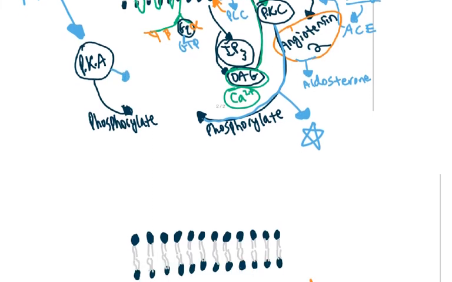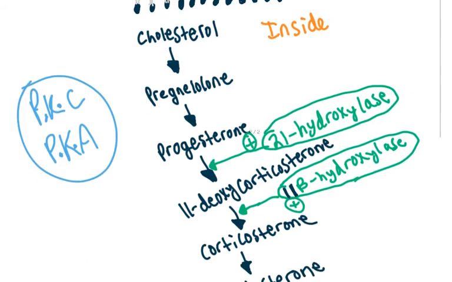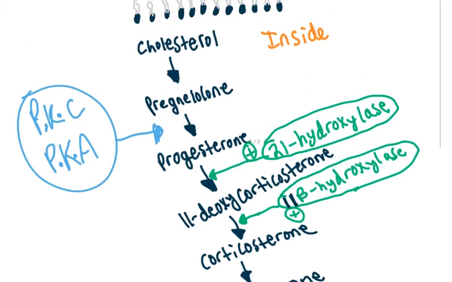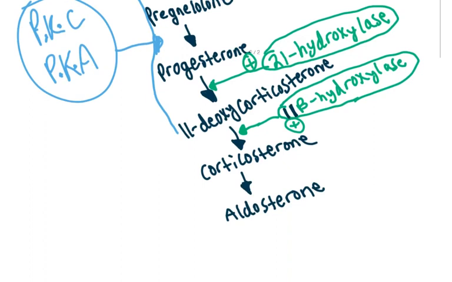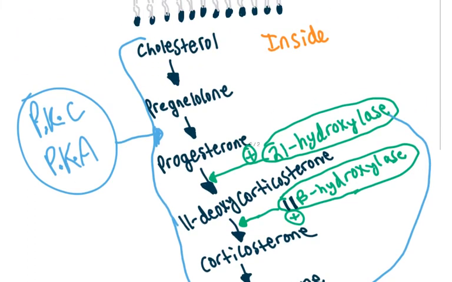and protein kinase A will also help a little bit. So protein kinase C and protein kinase A will both help drive these conversions all the way from cholesterol to pregnenolone to progesterone to 11-deoxycorticosterone to corticosterone to aldosterone, along with our important enzymes like 21-hydroxylase and 11-beta-hydroxylase.